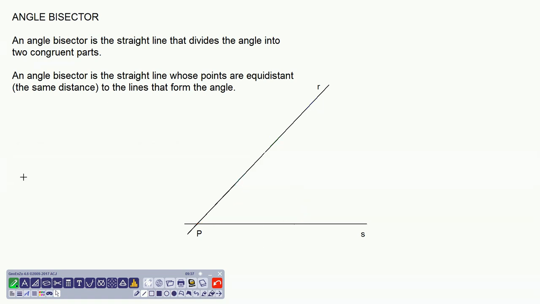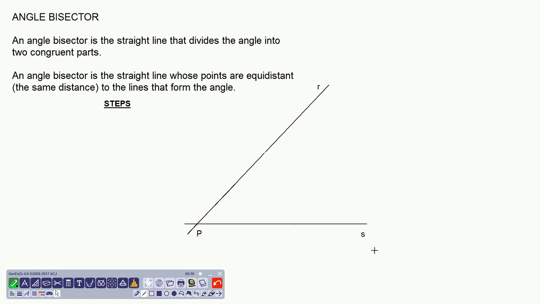We can apply this second definition in order to find the angle bisector of the angle that these two straight lines form. If we find at least 2 points that are at the same distance to straight lines S and R, one of which is point P, the line that goes through those 2 points will be the angle bisector of the angle that those two lines form.